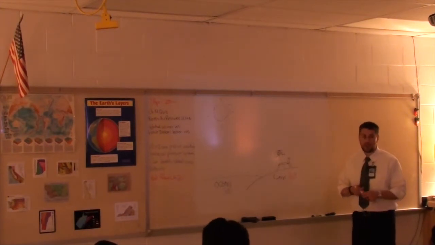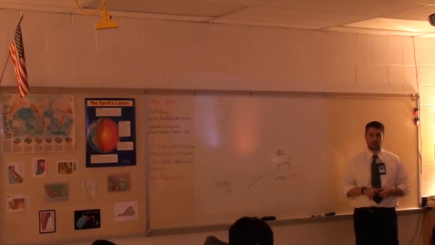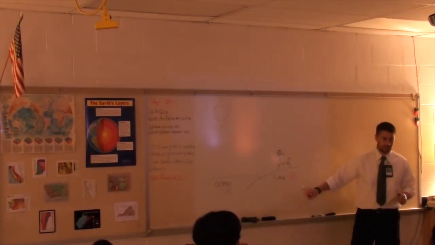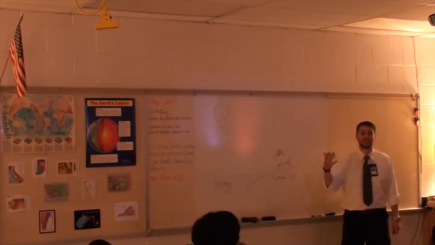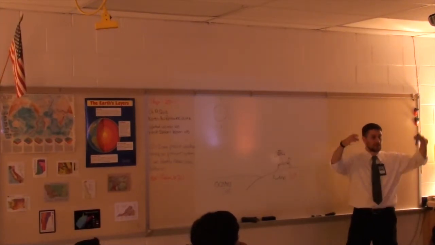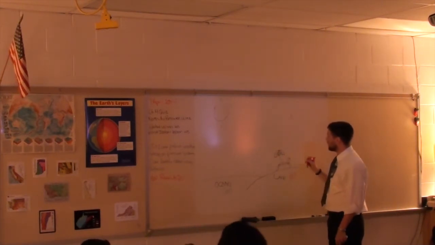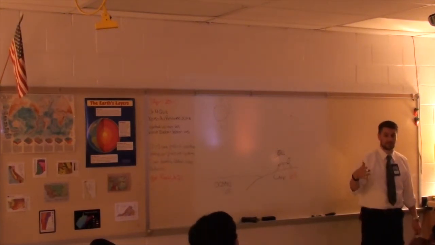So, where is the air rising? Where's the air going up? Over the ocean or over the hot sand? Hot sand, because hot stuff heats the air, which causes it to rise. So this air is rising. Any place we have rising air, what's the pressure?